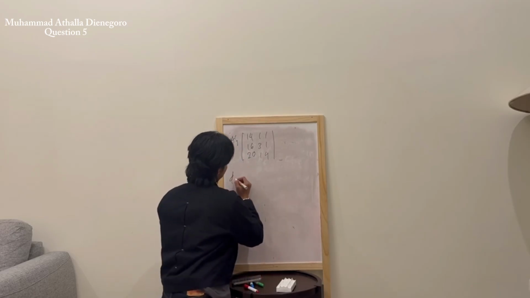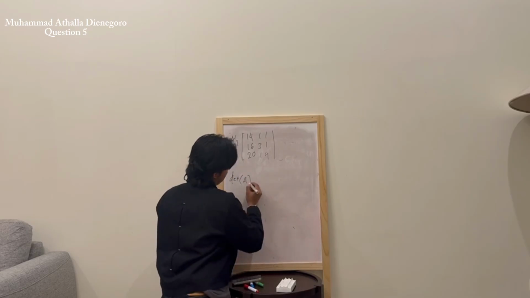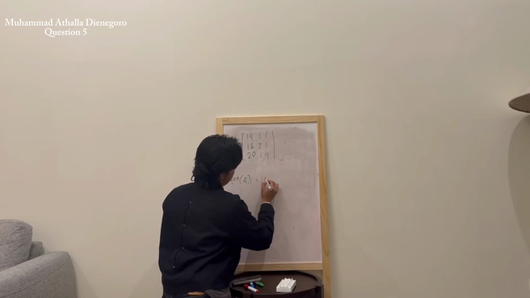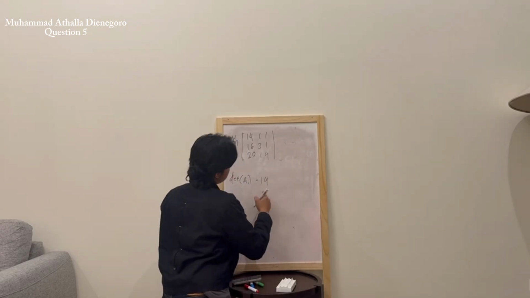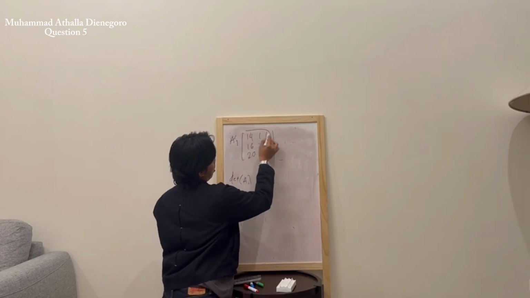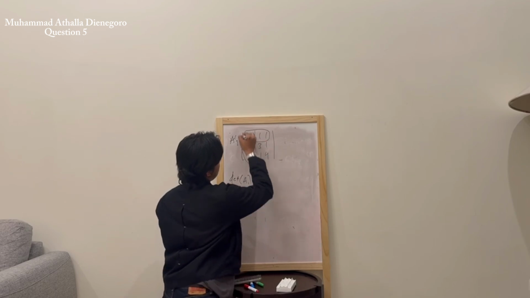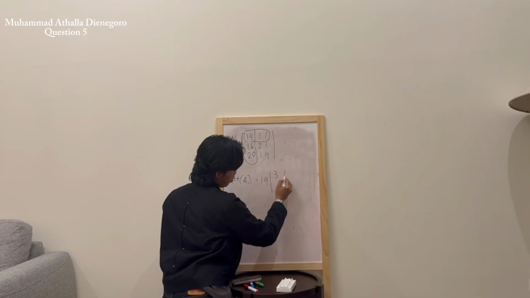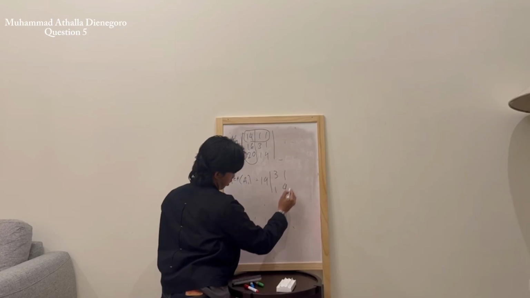Using the same formula, A like this, and then A1. Don't forget the 1. Then this is 14. Why is it 14? Because of this. It means we block all of this, so we get 3, 1, 1, 4, with 14 like this.